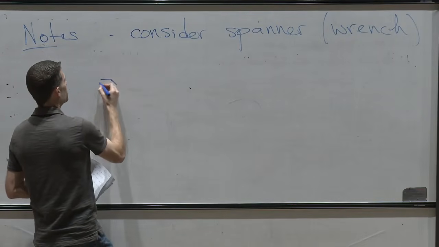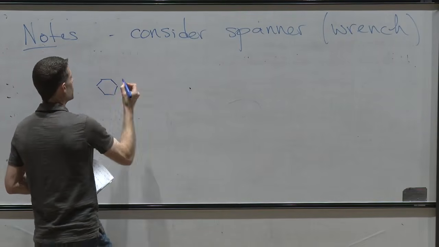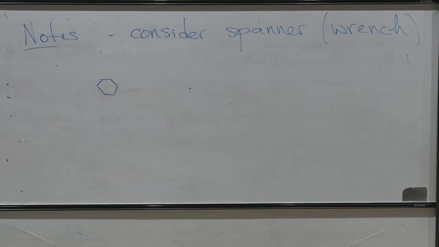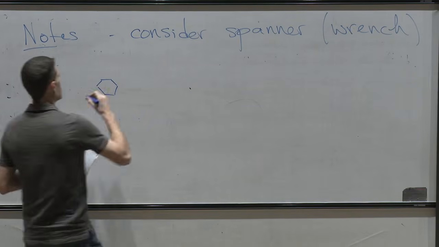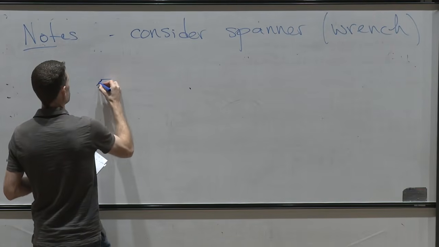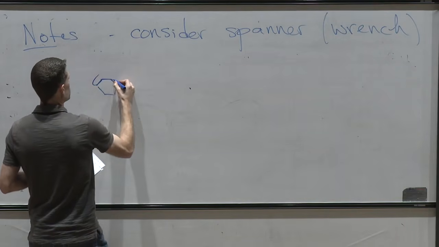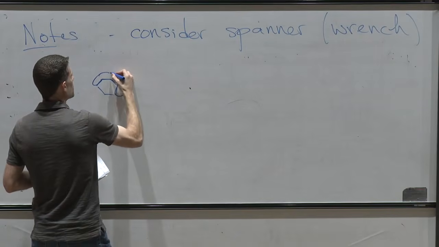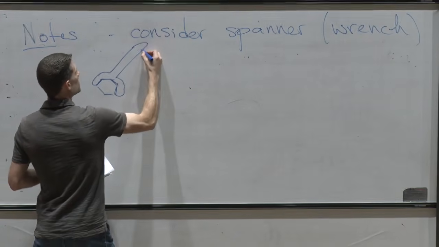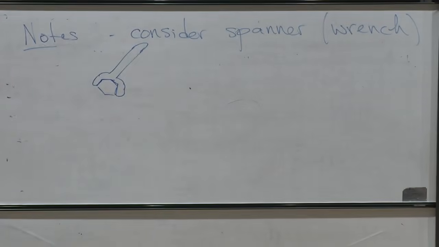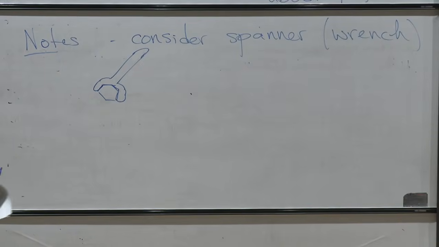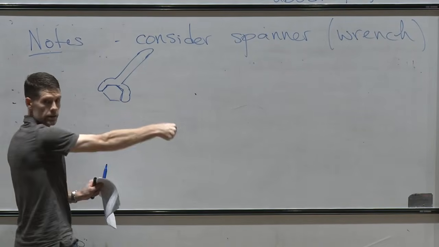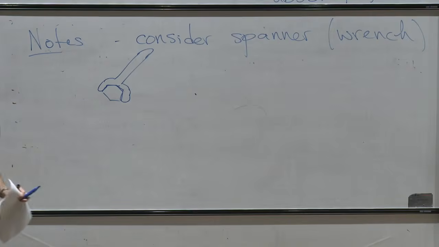So I've got a bolt going into the board. I take my spanner, I want to tighten it or loosen it, and it looks something like this. It grabs on. You apply a force here, that way, if you want to maximize your efficiency.